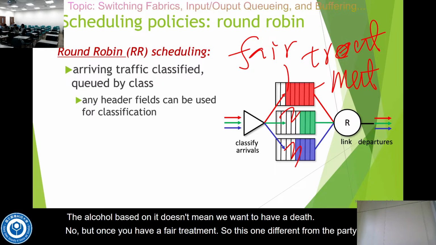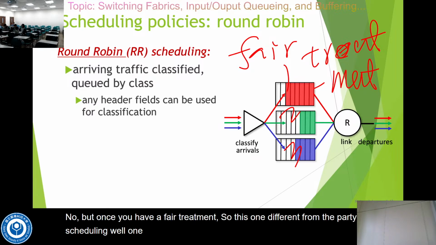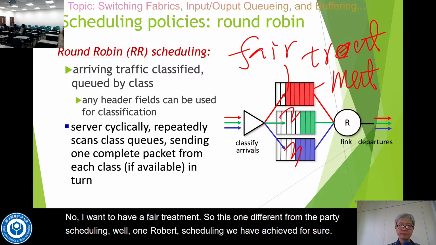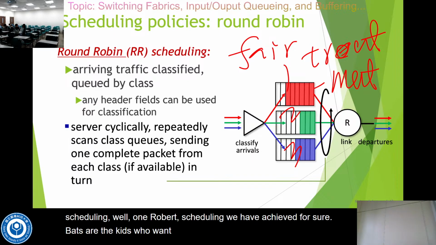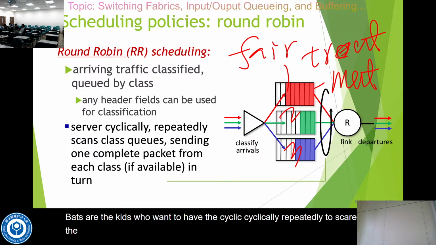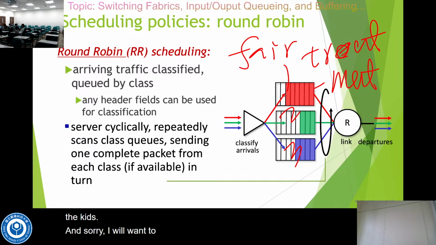Well, in round robin scheduling, we have queues for sure. Based on the queues, we want to cyclically, repeatedly scan the queues, so that we maintain fairness among queues.